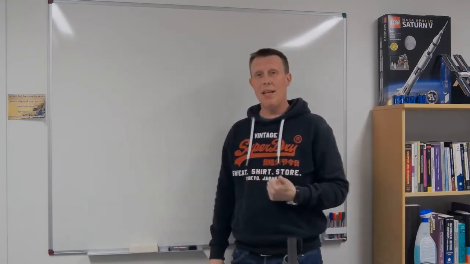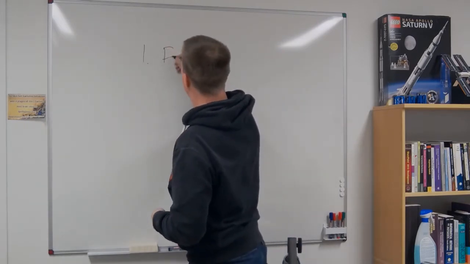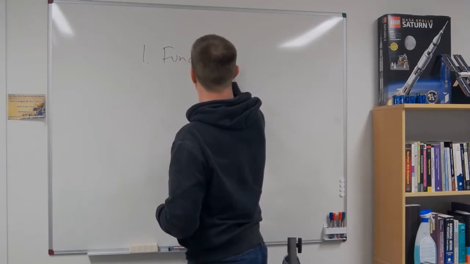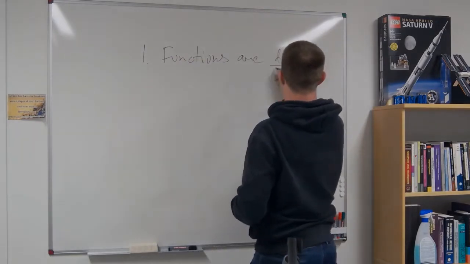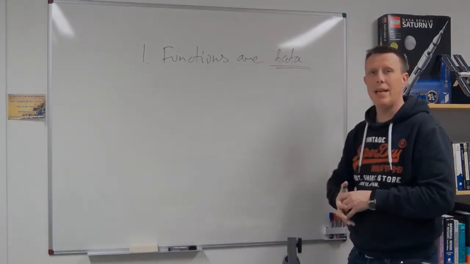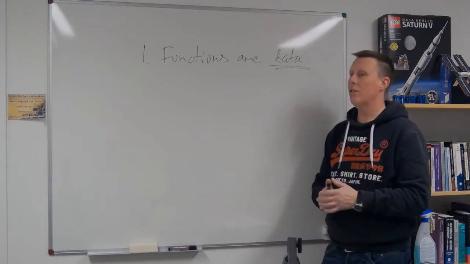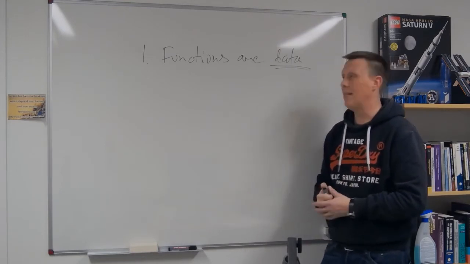So the first lesson we had in the previous lecture was 1. Functions are data. Functions are just the same as data. We saw that any function could in principle be written or represented as a table.